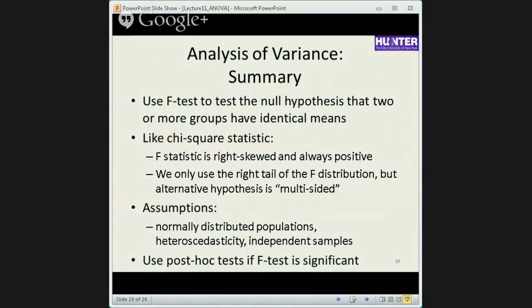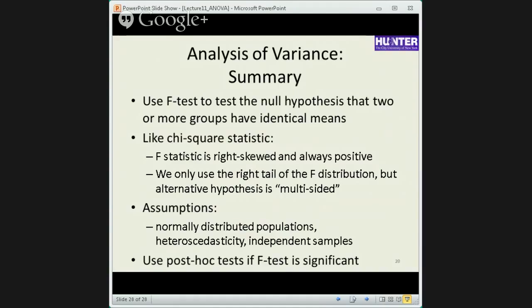And the F-test tests the null hypothesis that each of these groups has identical means in the population. And like the chi-squared statistic, we use only the right tail of the distribution, but the alternative hypothesis is inherently multi-sided. There are any number of different ways that you can deviate from the null hypothesis.